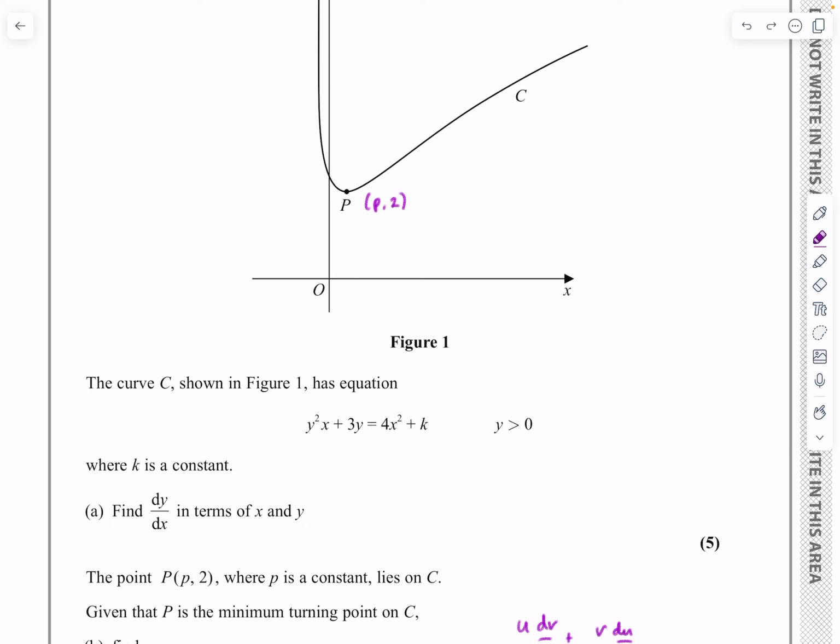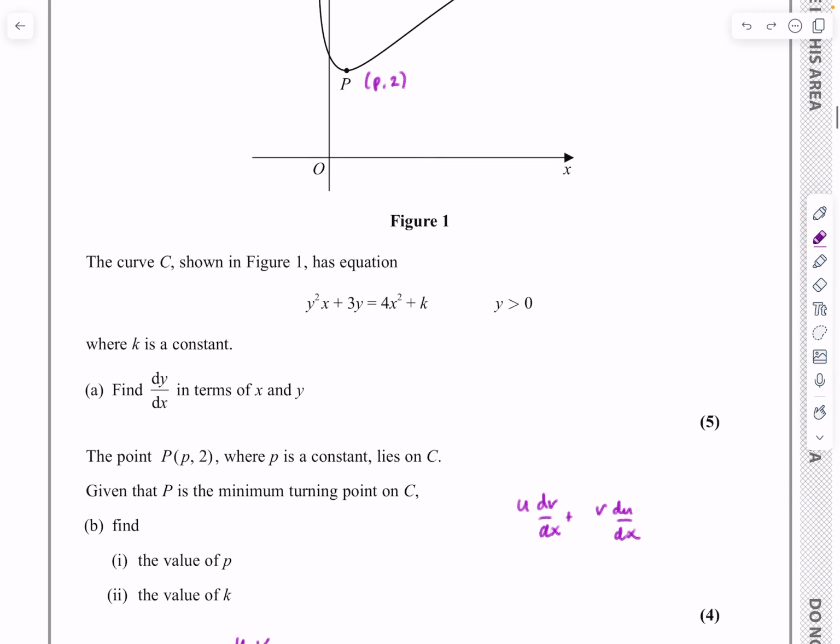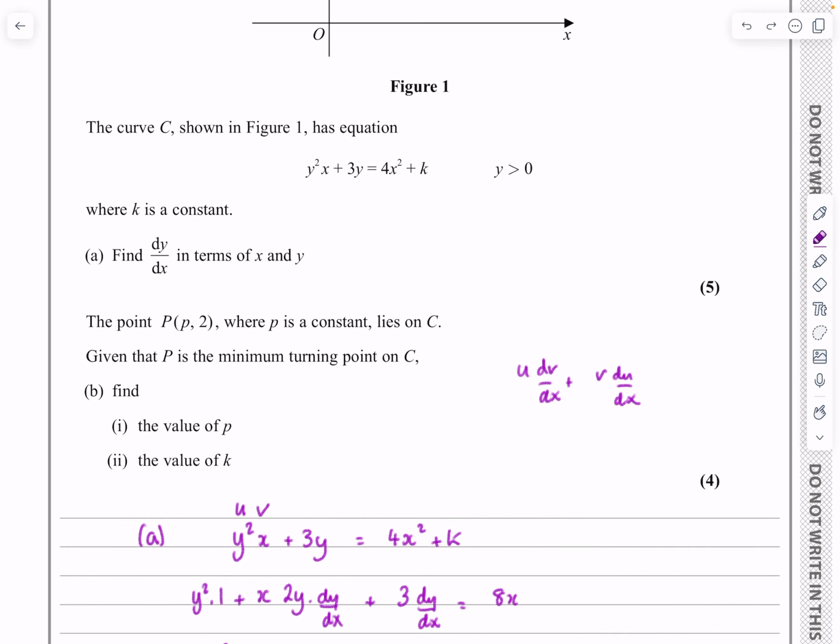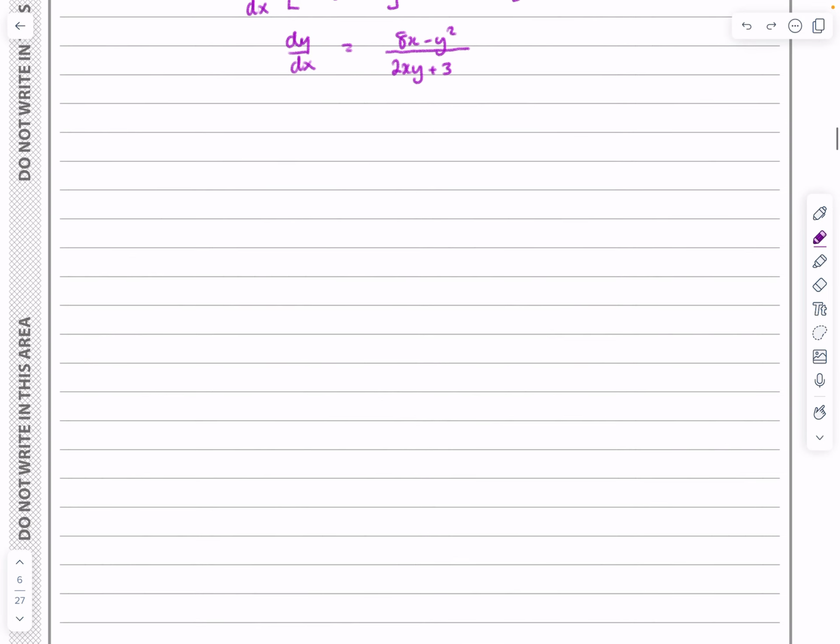So what I'll do is take dy by dx, which we've already got. If I put in p, 2, those two values, I know the function's going to work out to be equal to 0, and that should give me enough information to work out p and to work out k. So let's just make it clear to the examiner. Part B part 1, because we're going to be trying to find p first of all.